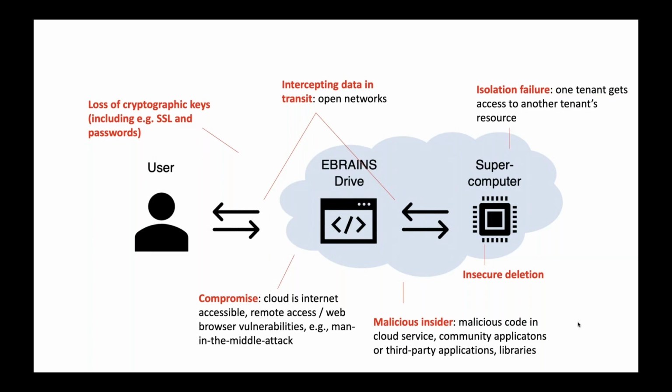This can lead to isolation failures of all sorts, where some other user of this shared resource, which is a supercomputer, or also the supercomputers on which the front ends run, is vulnerable to being breached and to entering private user spaces.